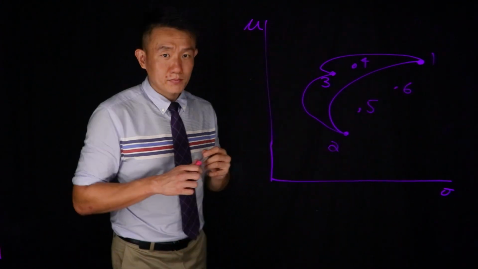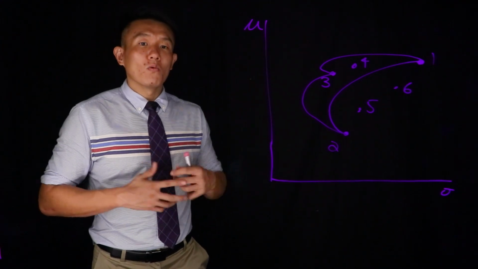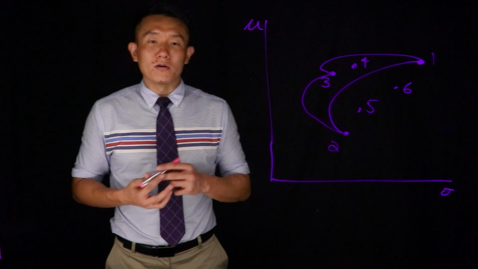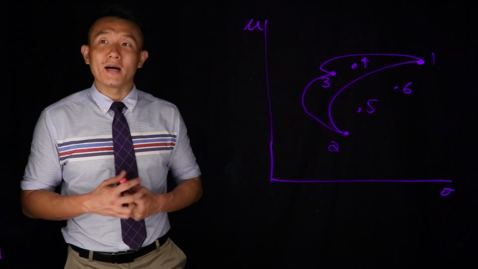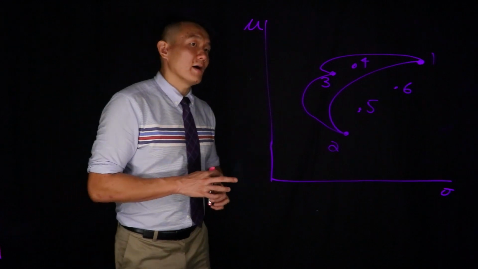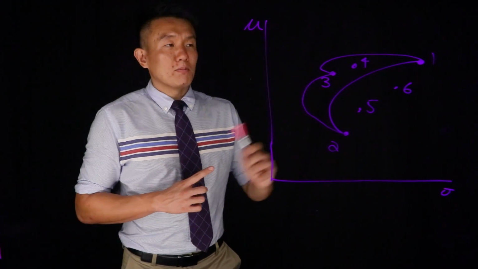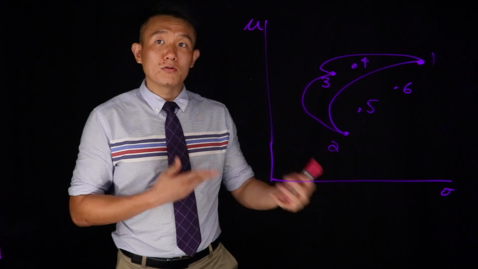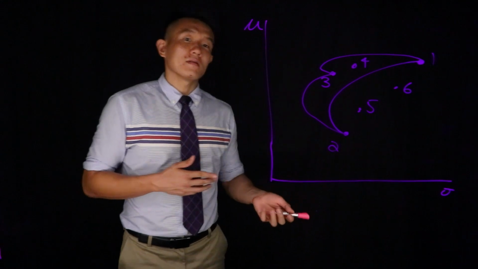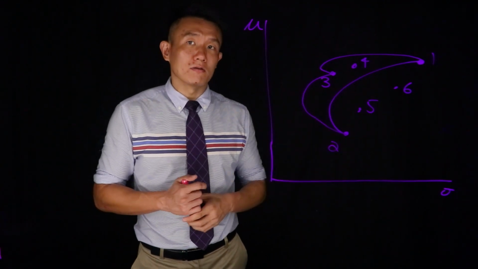So I want to think about, well, what are all the portfolios that we can construct using all the stocks we have available? Now, with 2 stocks, the portfolio curve makes sense because we have a 2-dimensional diagram and 2 stocks. Well, no matter how many stocks we add, it's still going to be a 2-dimensional graph.